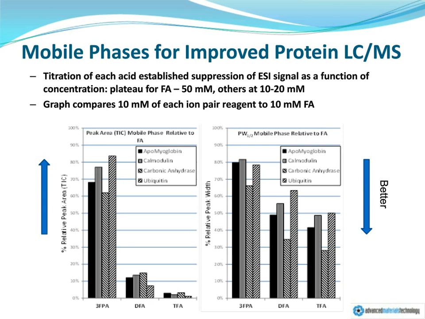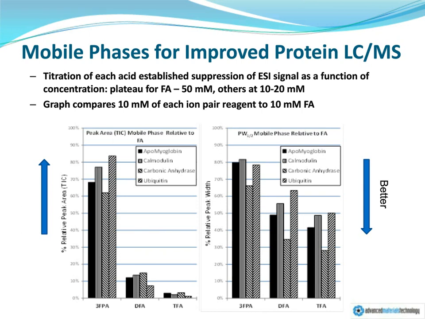On the right-hand side, looking at the peak width, that is, smaller is better, comparing these acid modifiers to formic acid, which is 100%. So if we look at trifluoroacetic acid or very similar difluoroacetic acid, we get about a 2 to 3-fold generic decrease in peak width.